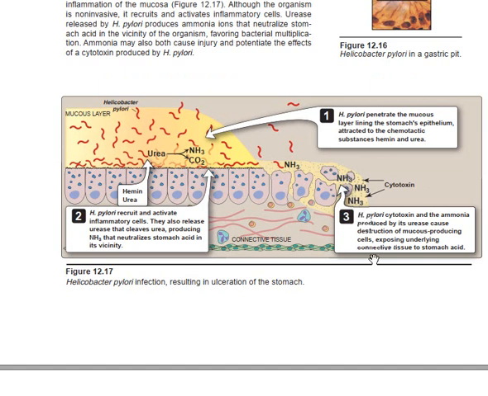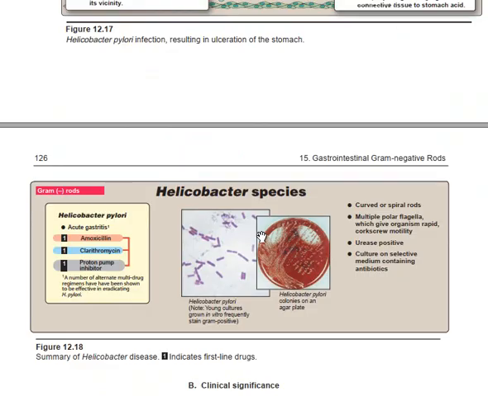The next is that Helicobacter pylori cytotoxin and ammonia produced by the urease can cause the destruction of the mucosal cells. Is it clear? So the ammonia and the cytotoxin produced by the Helicobacter pylori are going to cause the destruction of the cells and also the destruction of the connective tissue of the stomach wall.